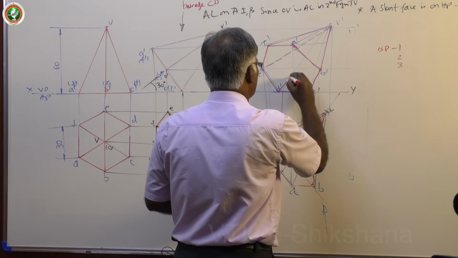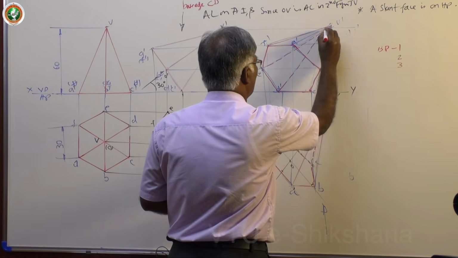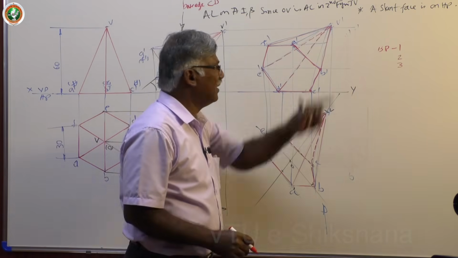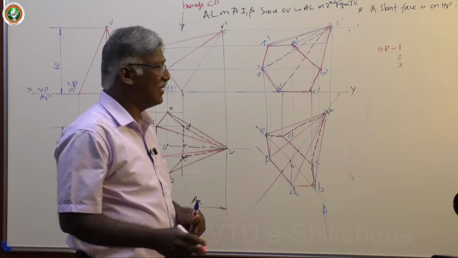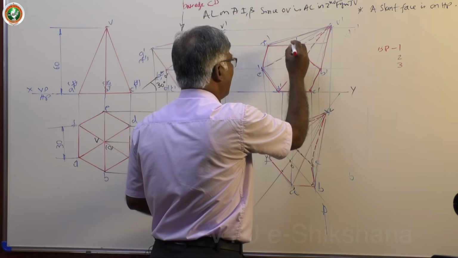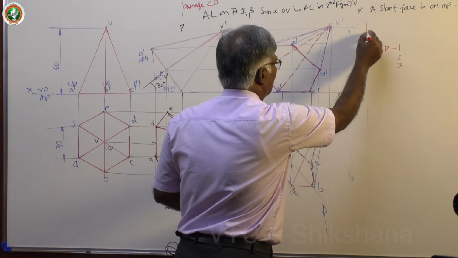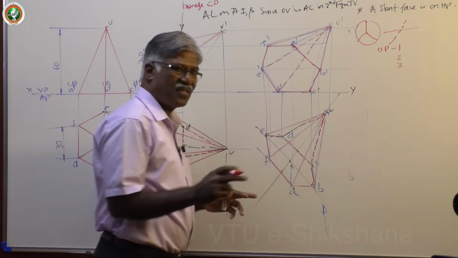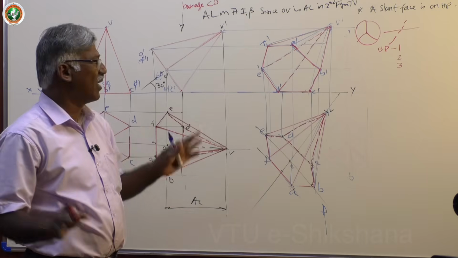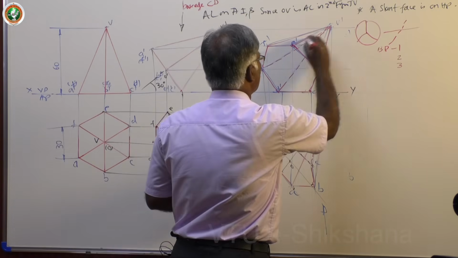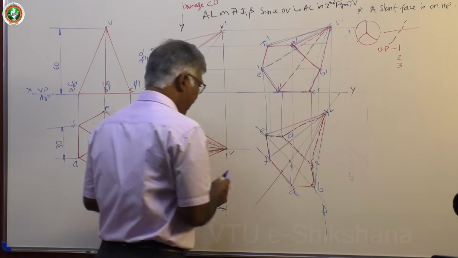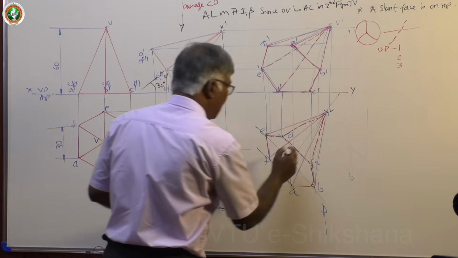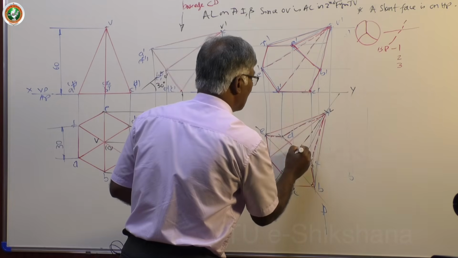Again this is a dotted line, because it is a visible surface, invisible line. Now what about AV? The only line left. AV is again a dark line because of bends. Bends or crossing line, or visible surface, invisible line, invisible surface, visible line. That's all.